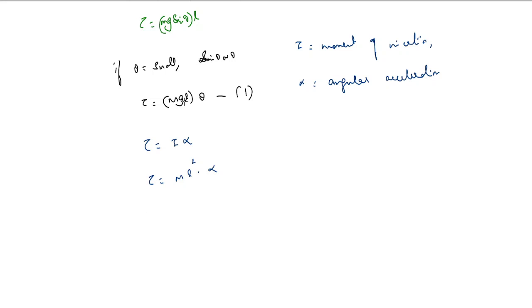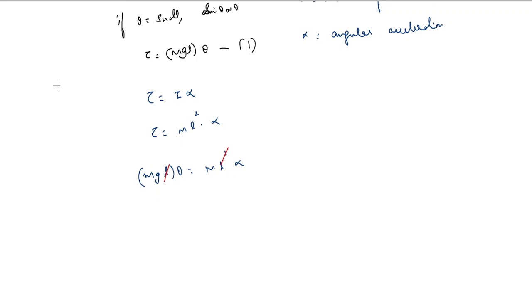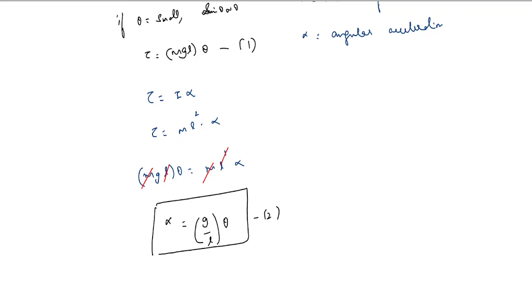I will put the value of tau from here. Then we get mgL theta is equal to mL squared alpha. From here L gets cancelled and also m gets cancelled. So what remains is that alpha is equal to g by L into theta. This is alpha. Let us call it 2.